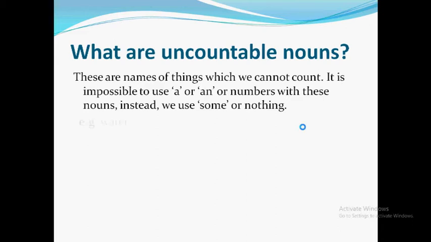For example, we have water. For water, we can say some water. We also have another example there: ink, milk, sand. Okay, we cannot say a sand, we cannot say a milk, nor can we say a ink or an ink.